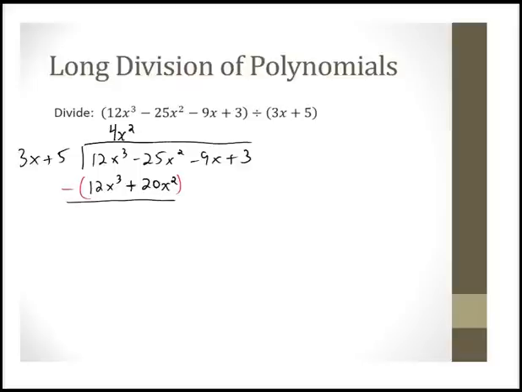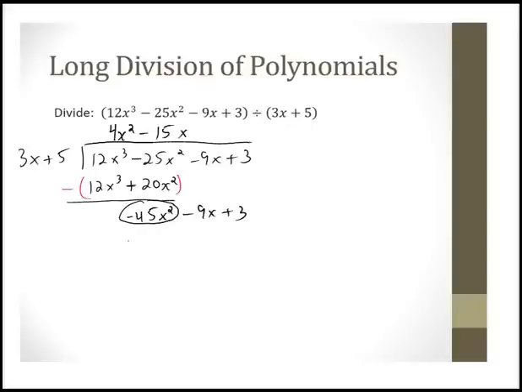12x cubed minus 12x cubed is 0. Negative 25 minus 20, that's negative 45x squared. Bring down the rest. Repeat the process. 3x into negative 45x squared, that would be a minus 15x.